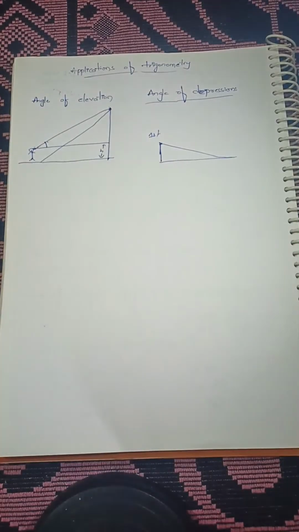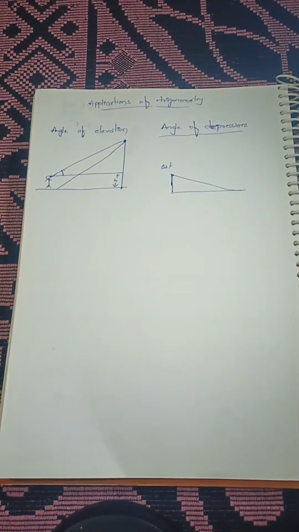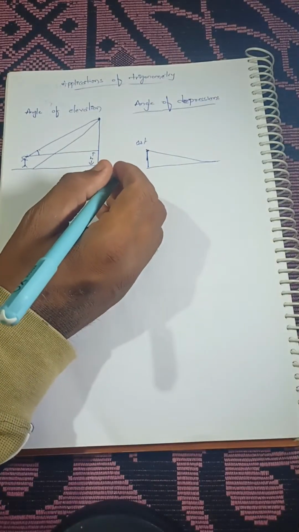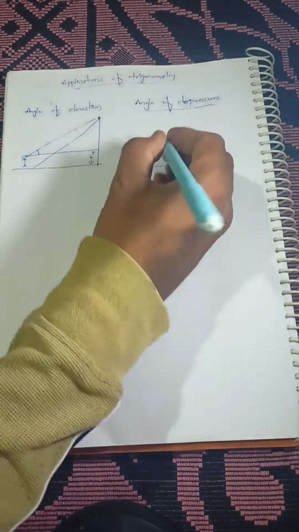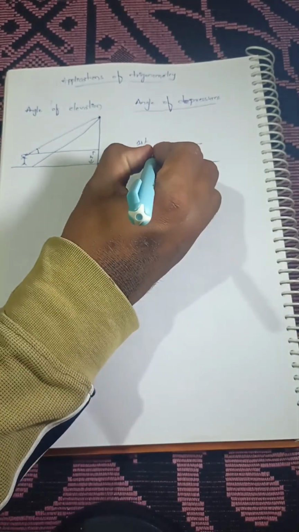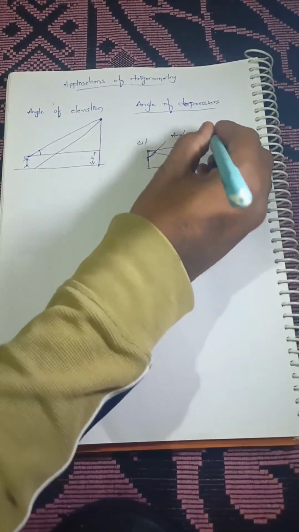That's it. Angle of elevation is when you are looking up towards the upside. If you find out the ground floor from the top, that is called angle of depression.